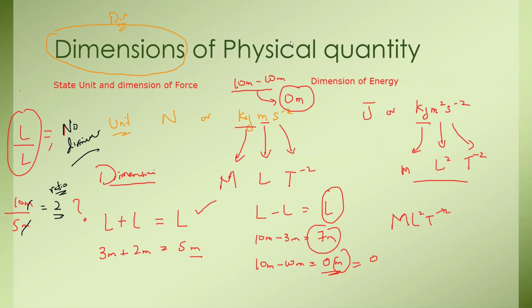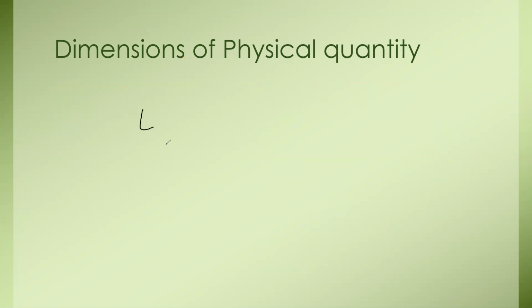Then what about length multiplied by length? It will become dimension squared. Means we get a new quantity which will have L squared as a dimension.